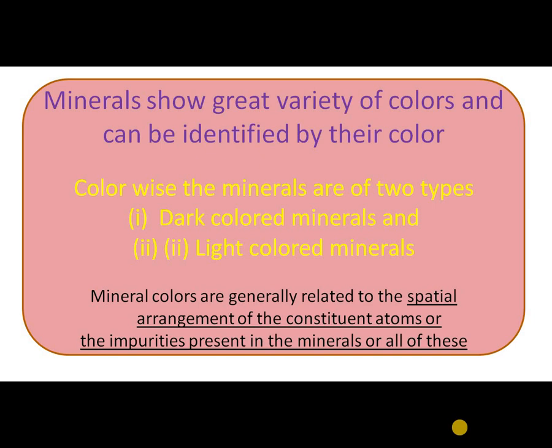One is dark colored minerals and the other one is light colored minerals. That means color wise minerals can be divided into dark as well as light colored minerals. Why is there a differentiation between the color, that means dark and light?